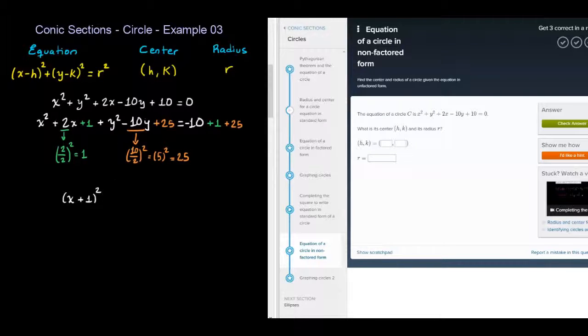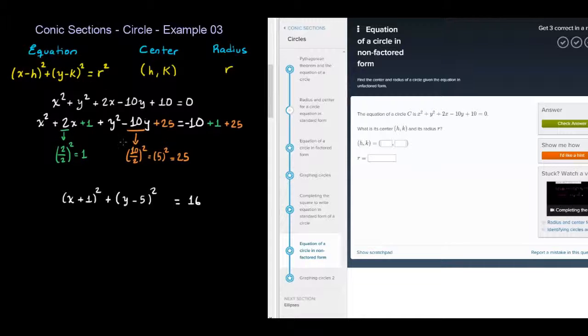Plus the y's, which again form a perfect square: y minus 5 squared. On the right side we solve this out: -10 plus 1 plus 25 is 16.